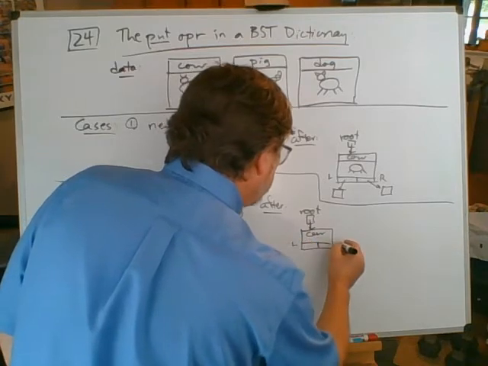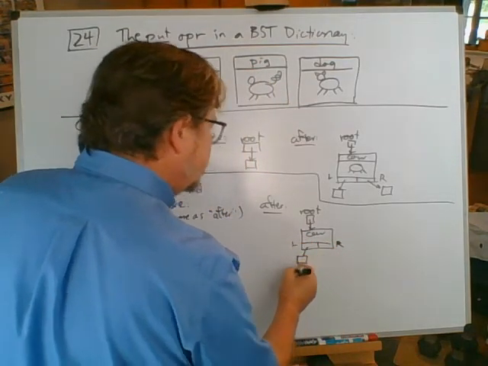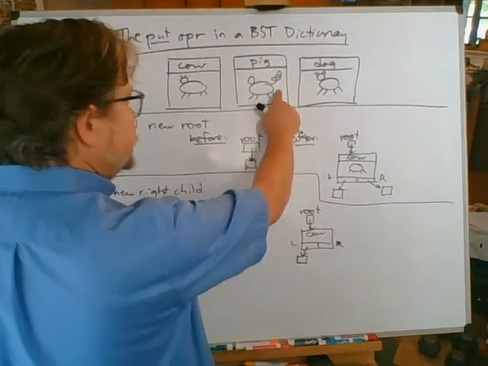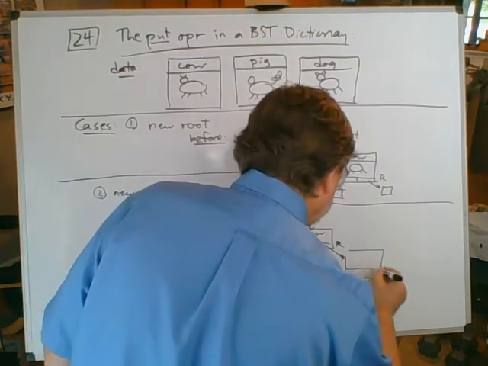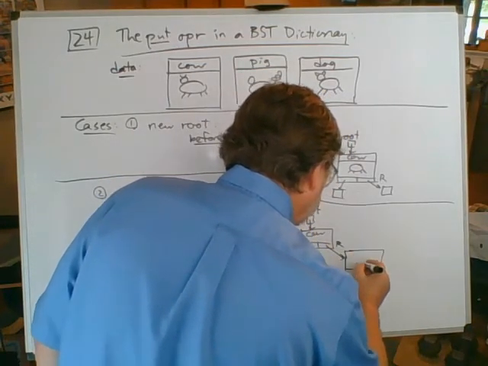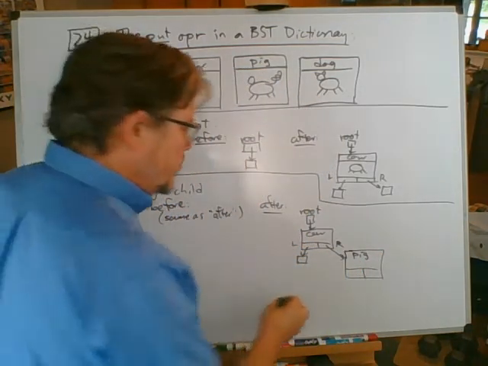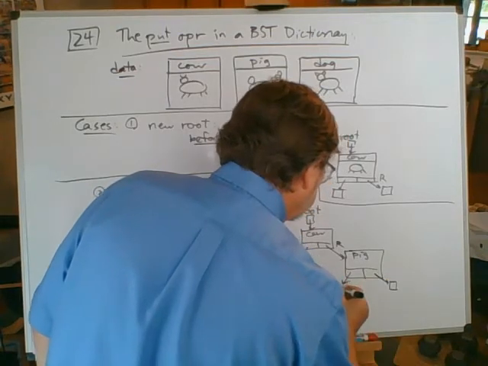Left and right child. Except that even though the left child will still be an external node, the right child, this external node, will be replaced with a new node that has the pig in it. So you can visualize a picture of a pig down there below pig and two external nodes hanging off the bottom.